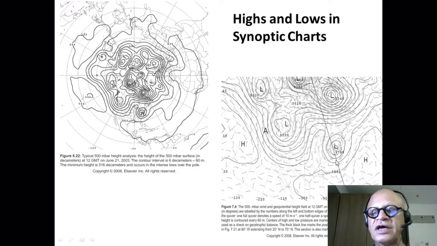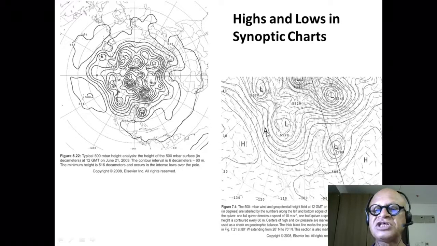If you look at a section drawn this way, we can look at the highs and lows. These are called synoptic charts. Basically, it's like a bird's eye view of the weather features. It's a very common word used by weather people in the atmosphere. Synoptic charts typically are pressure charts with winds on top.